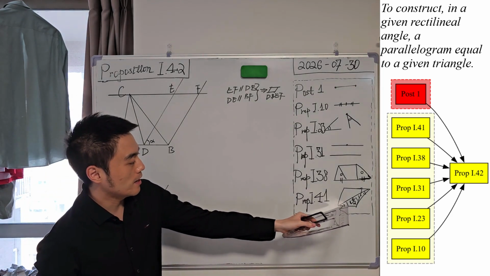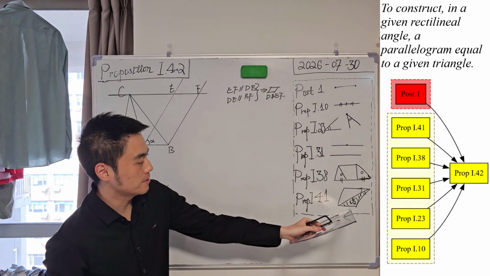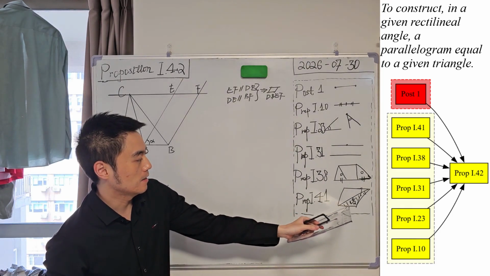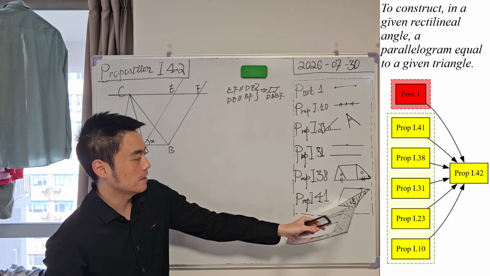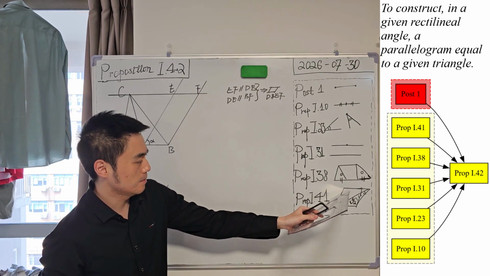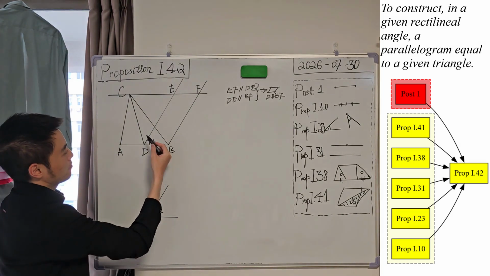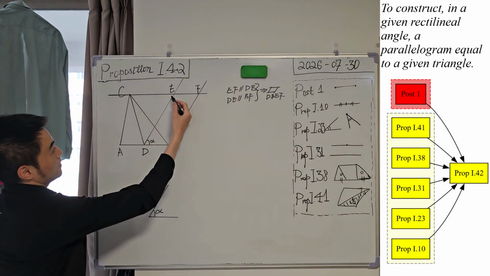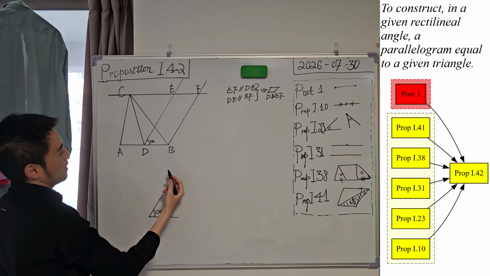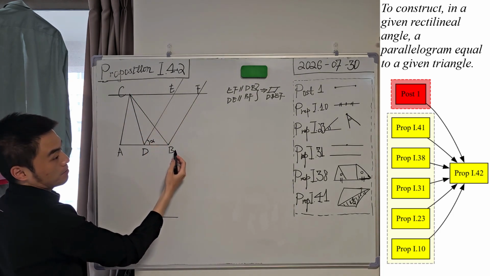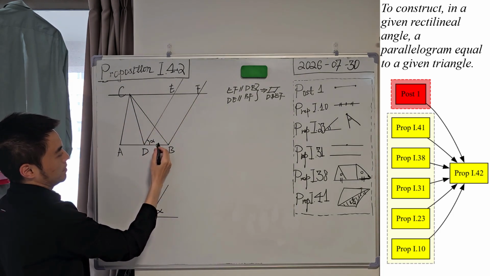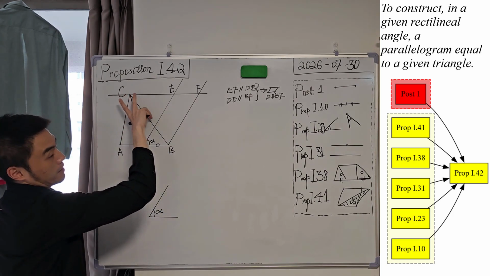If a triangle and a parallelogram have the same base and they are in the same parallels, then the parallelogram will double the triangle. Please have a look at this image. This parallelogram and this triangle CDB have the same base DB here, and they are in the same parallels.